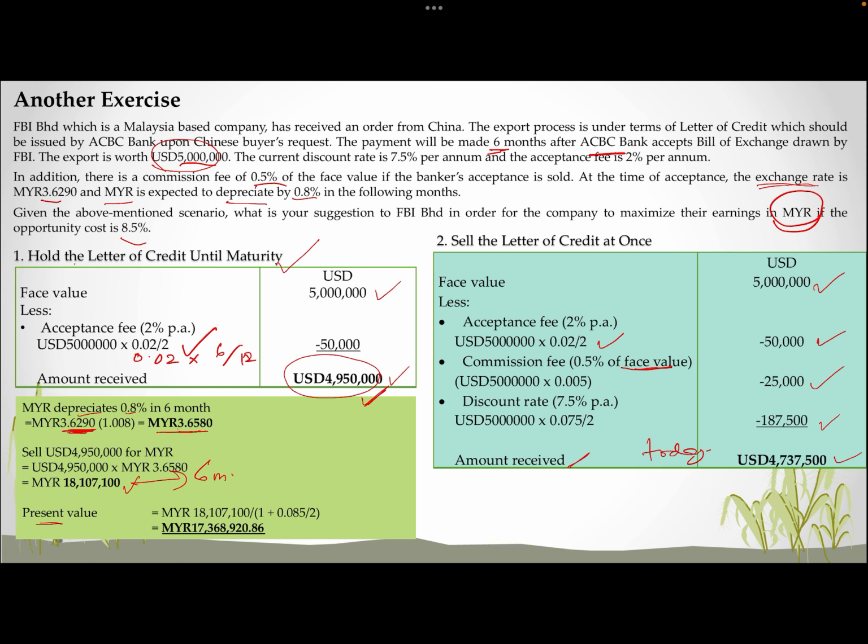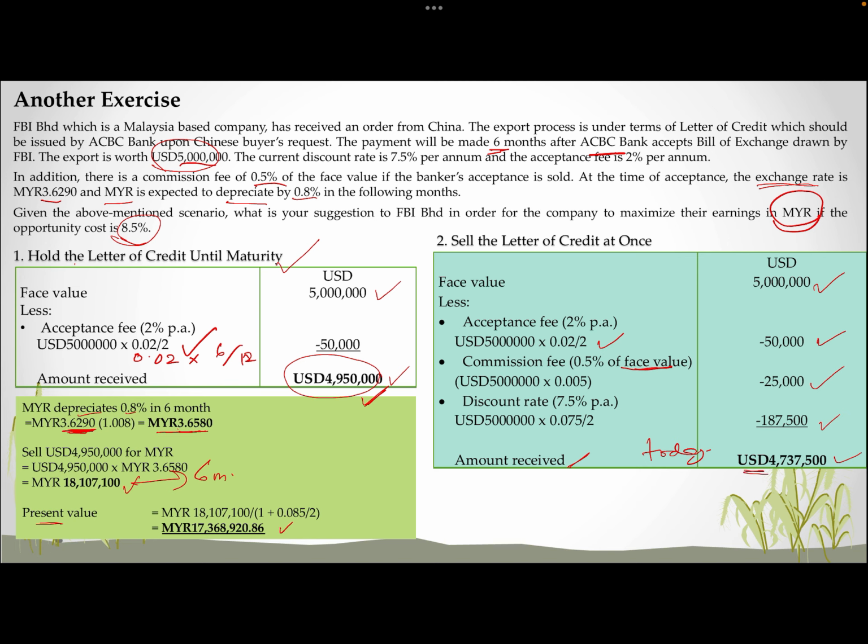You just divide by 1 plus 0.085. This is the opportunity cost. Divided by 2 because 6 months. So the present value is 17,368,920.85 in Malaysian ringgit. And we cannot compare with the letter of credit at once because of different currency.